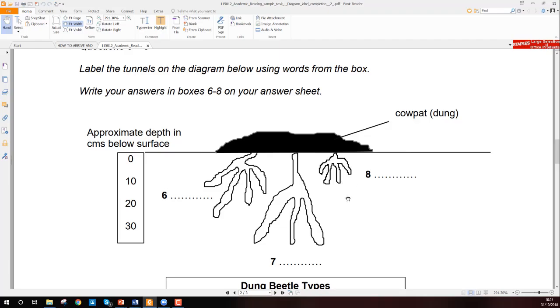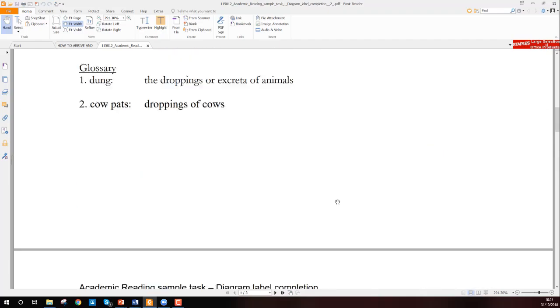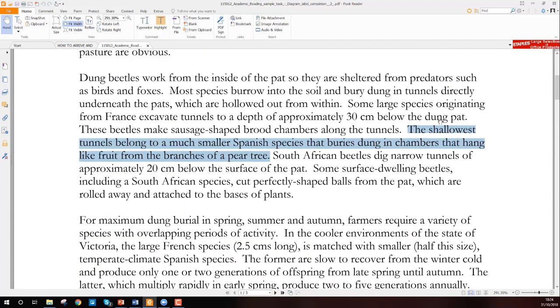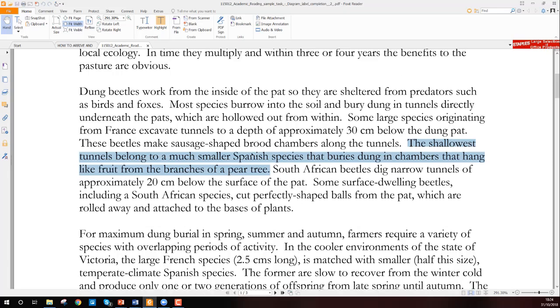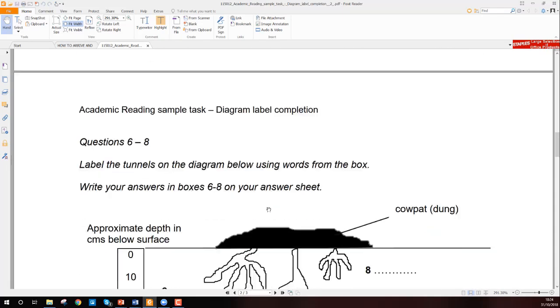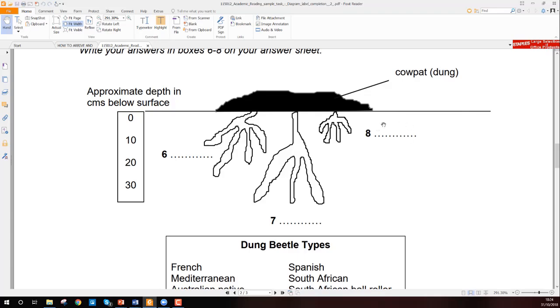So it's testing your ability to understand the diagram, but understand that the interaction between the diagram and the text. Okay? So, and also obviously vocabulary. All right, vocabulary would be very, very important here. For that one, so it would be 8.